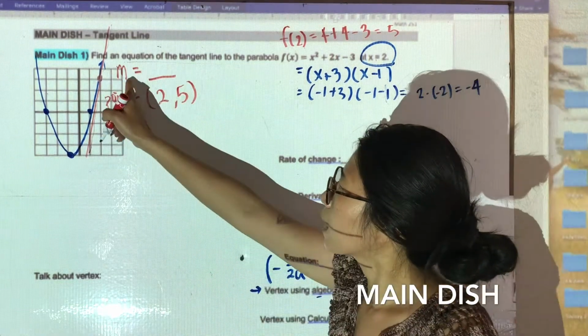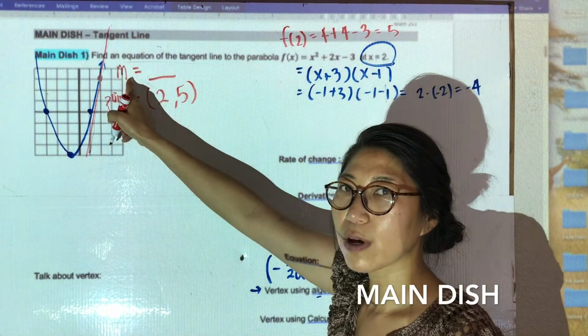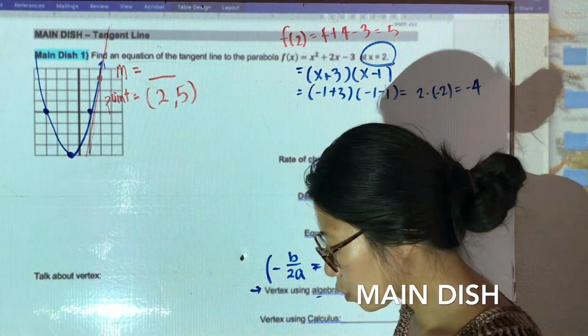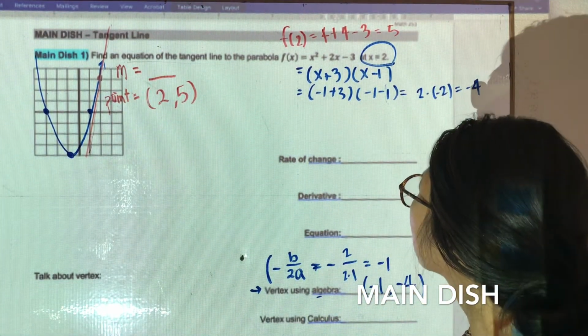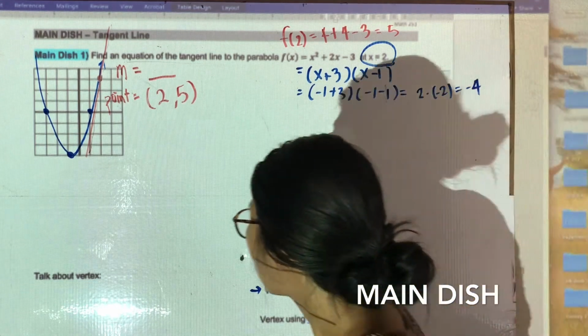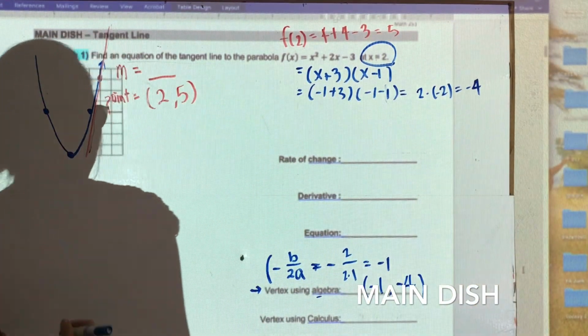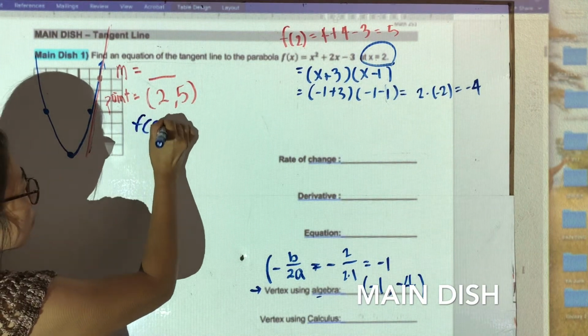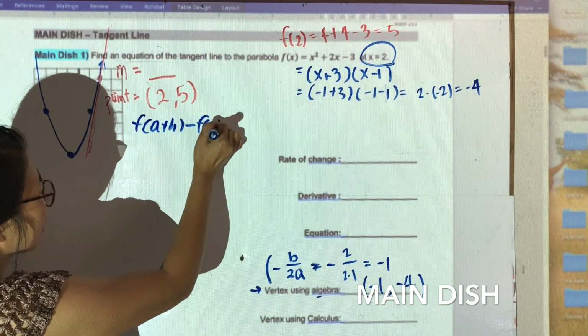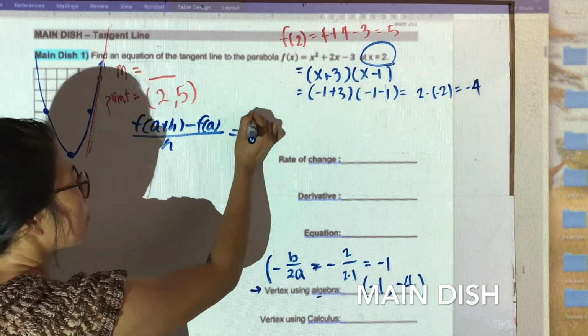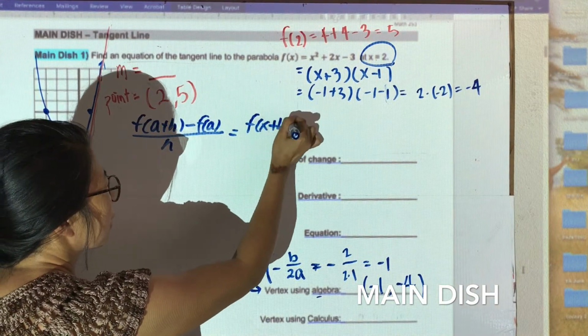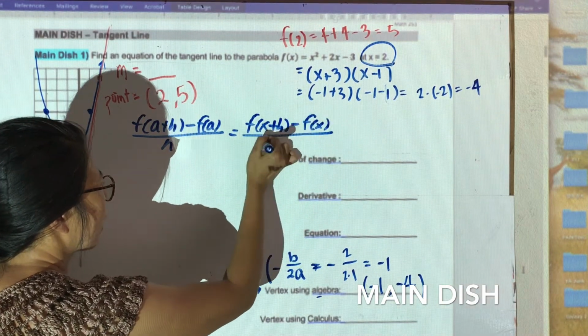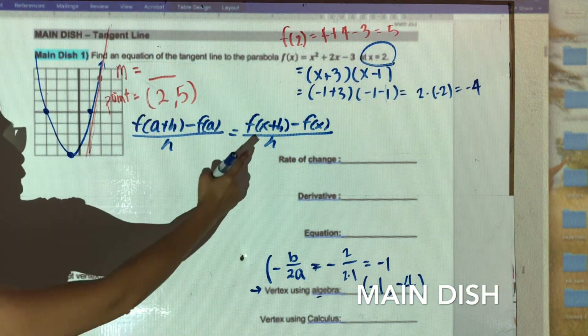So all I need to find is a slope by using rate of change. So let's plug into our rate of change. We actually haven't used f of a plus h minus f of a over h, which is the same as f of x plus h minus f of x over h. Now I start changing to x.